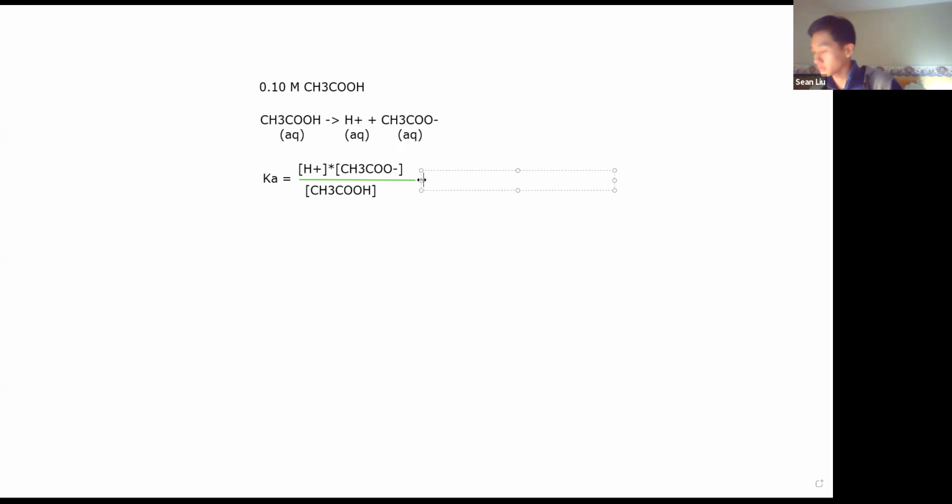We measure it. Usually in this kind of question, they're going to give you the Ka. I'll give it to you right now. It's a very famous Ka, 1.8 times 10 to the negative fifth. That's just the value of it. We've written our equilibrium expression. That's going to be our first step. Now we're going to talk about what to do with this.